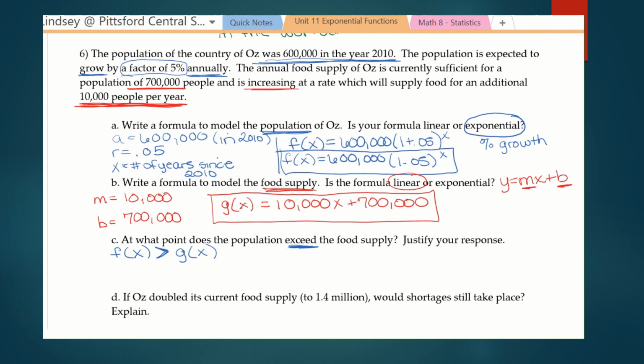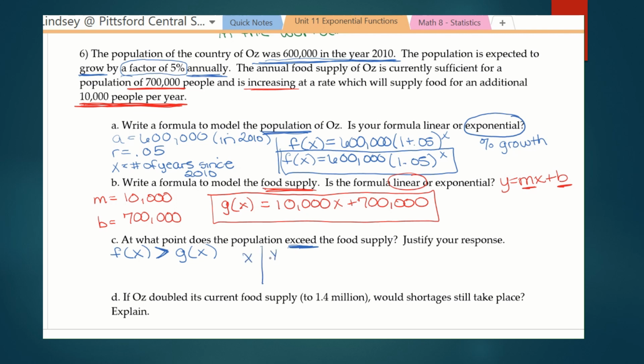Taking a look, I'm comparing the y values, and I want to see, when does my f of x function, or my exponential function, become larger than my linear function? And I see that when x is 5, that is when my exponential function is larger than my linear function.